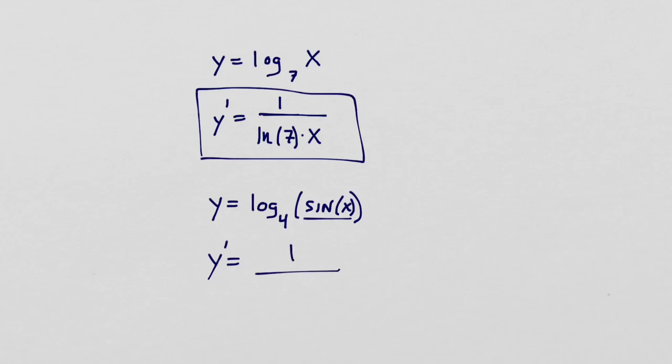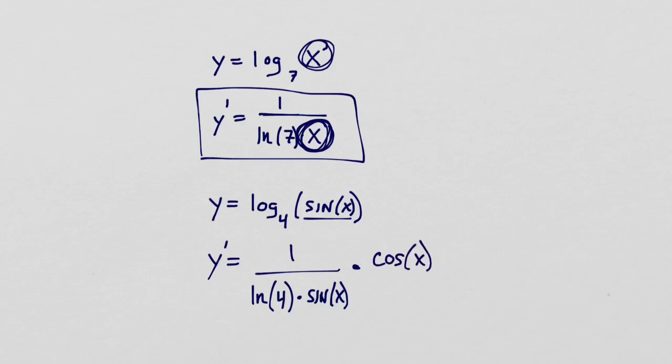So using my format, this is going to be 1 over the natural log of 4 times the inside, sine of x, in the denominator, multiplied by the derivative of what's inside, which is cosine of x. So this can be expressed as the cosine of x over the natural log of 4 times the sine of x.